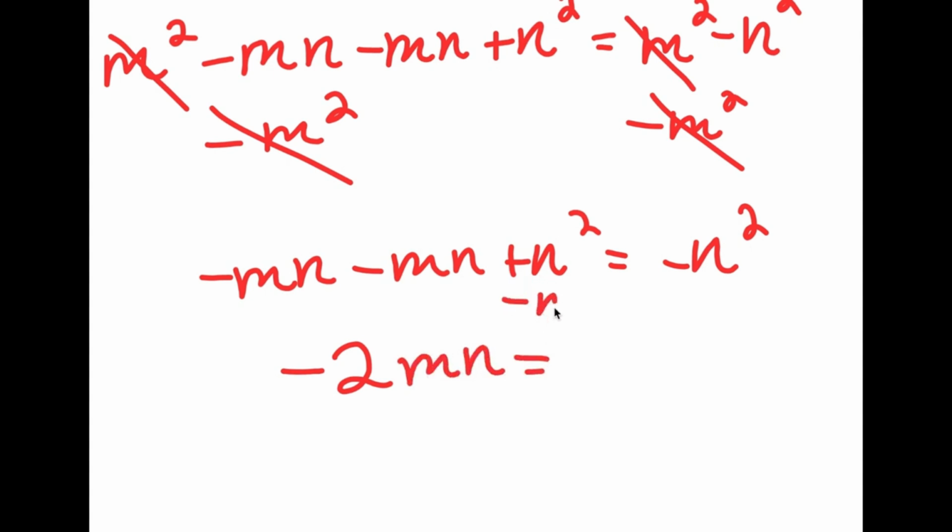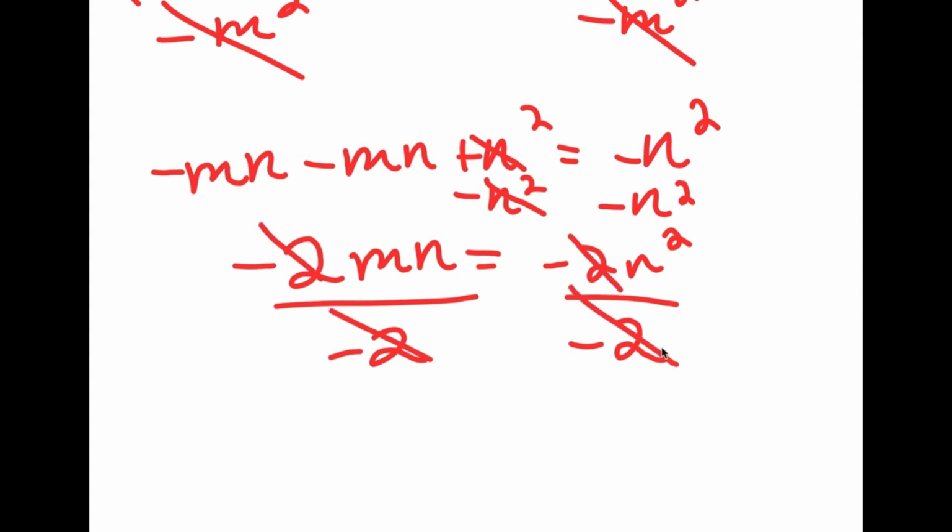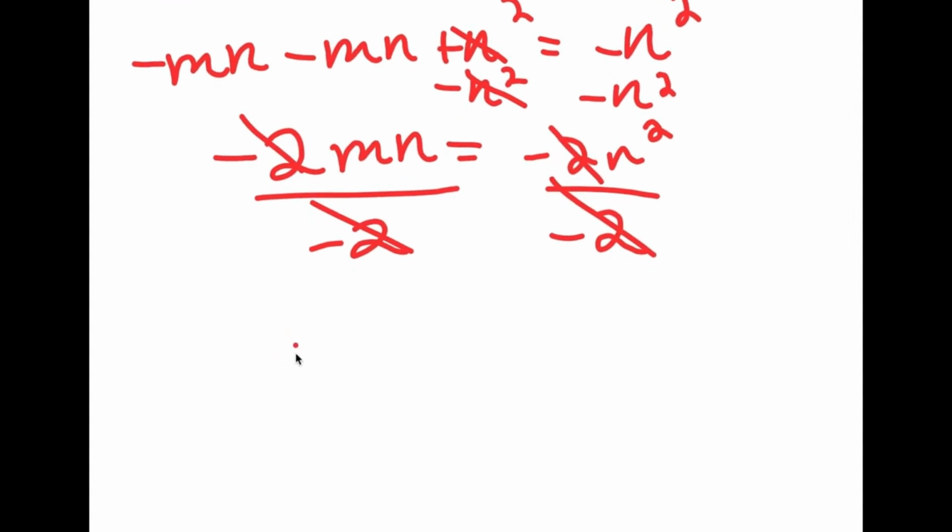And then now if I subtract n squared on both sides, these two cancel out and I get negative 2n squared. Now from here, I can divide both sides by negative 2. So then these two negative 2's cancel out, these two negative 2's cancel out, and I'm simply left with mn is equal to n squared.